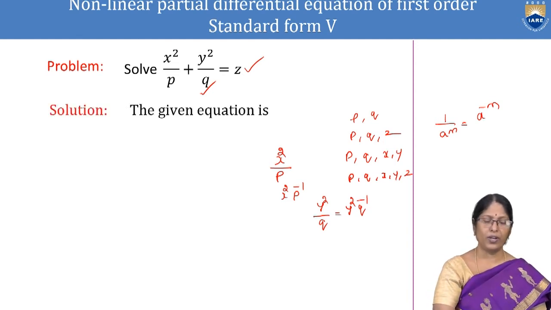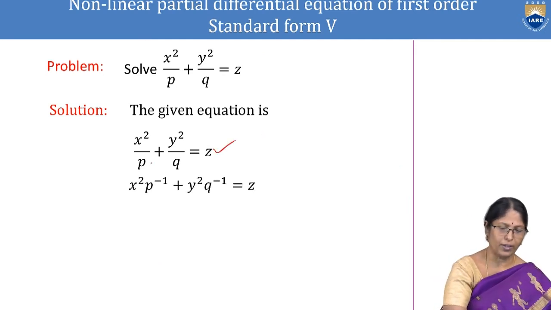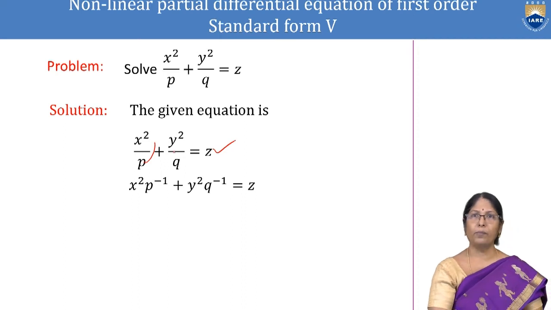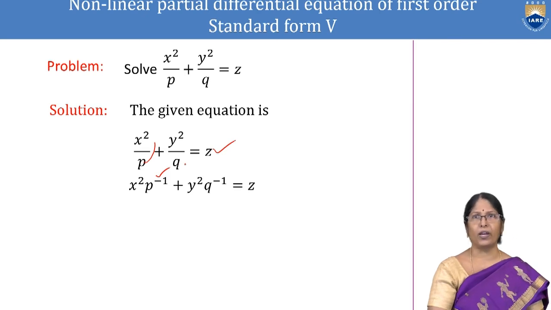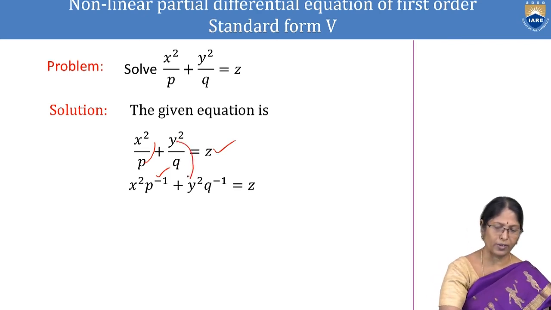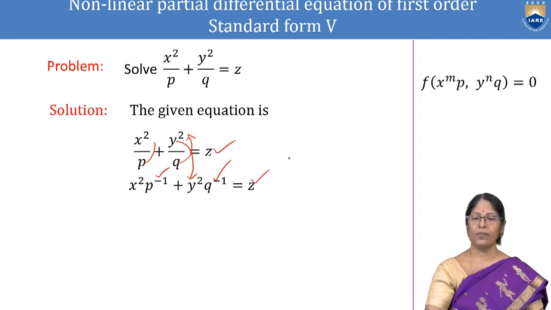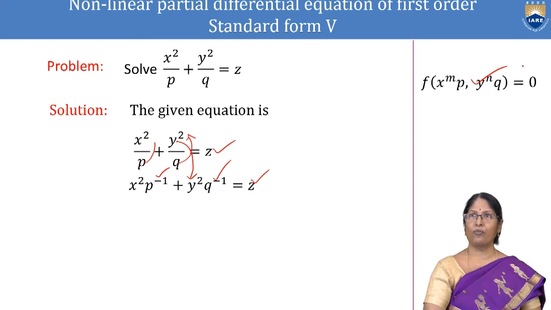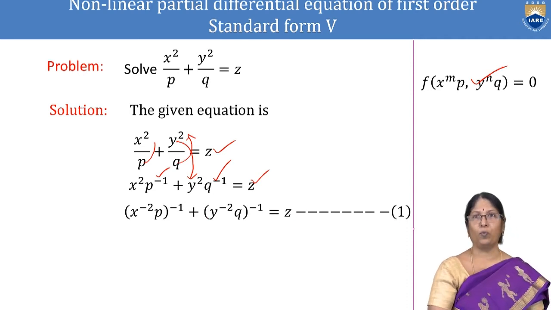So this is the given equation. x square, the p coming up, satisfying the exponential law, is written p power minus 1, and y square is written as it is, the q has come up, so q power minus 1, here z is written. This is our standard form 5 notation, compulsory notation. So we are writing this as equation 1.